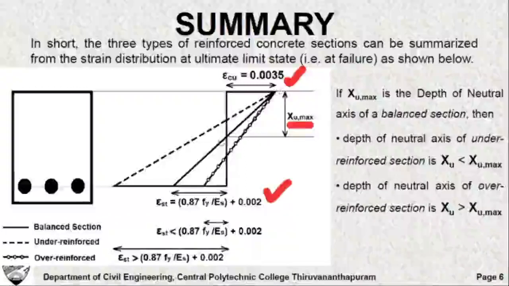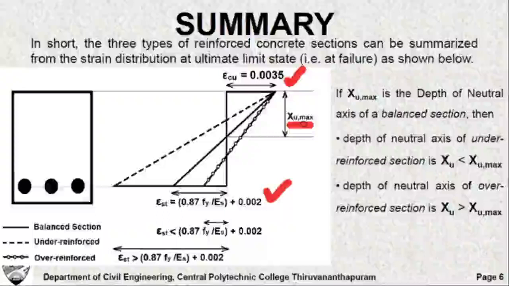You see the balanced section, this solid line is changing from the compression side to the tension side at this point, and this distance is what is represented as XU max. This is the depth of neutral axis for a balanced section.